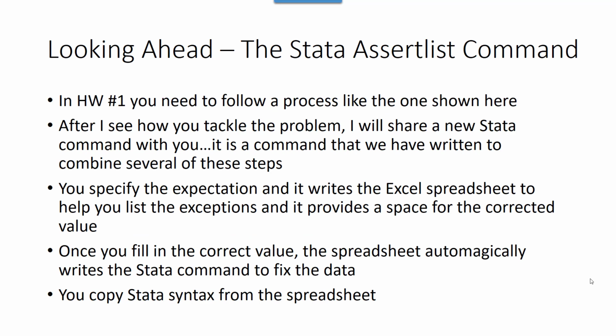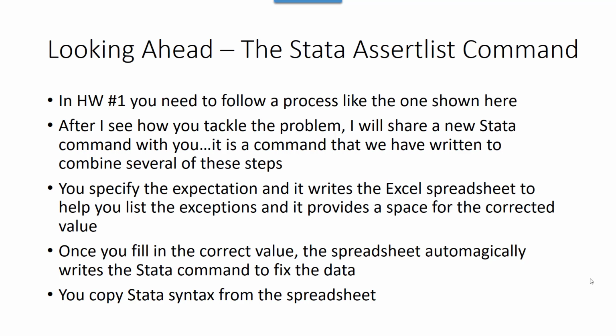In the first homework assignment in this track, you need to follow a process that's like the one I've demonstrated here. You're going to need to identify rows in the data set that don't meet your expectations and pull them out into a list and propose a procedure for fixing the data, for cleaning the data. After you've finished the homework and we've discussed it, I'll share a new Stata command that we've written here that combines these steps, that works within the workflow I've described here, where you specify the expectation and the Stata command writes an Excel spreadsheet.